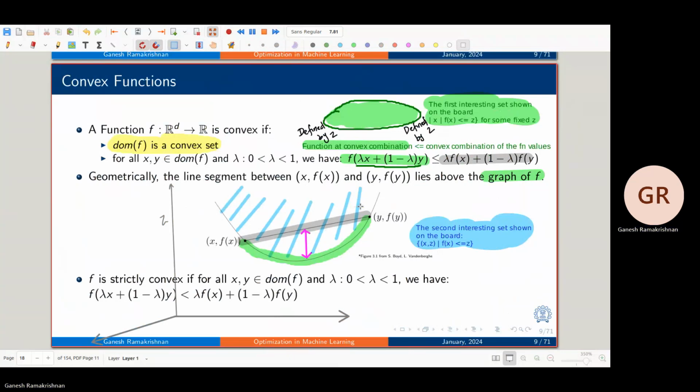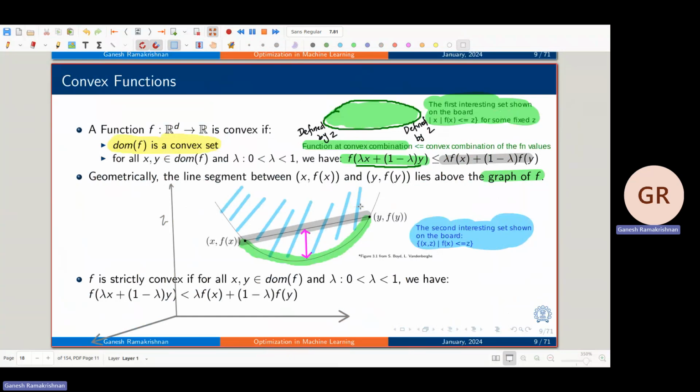So the epigraph is a set. If the function goes from R^n to R, then the epigraph is in R^(n+1), a slightly higher dimensional space. Here the original function is going from R to R, a function of one dimensional input, whereas this blue set is in R2.